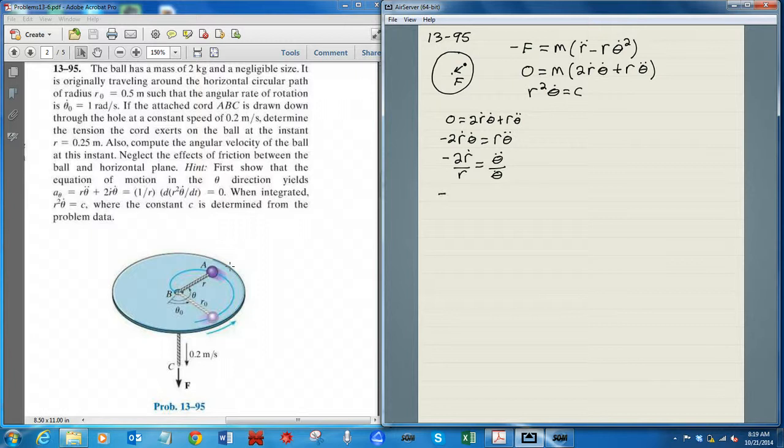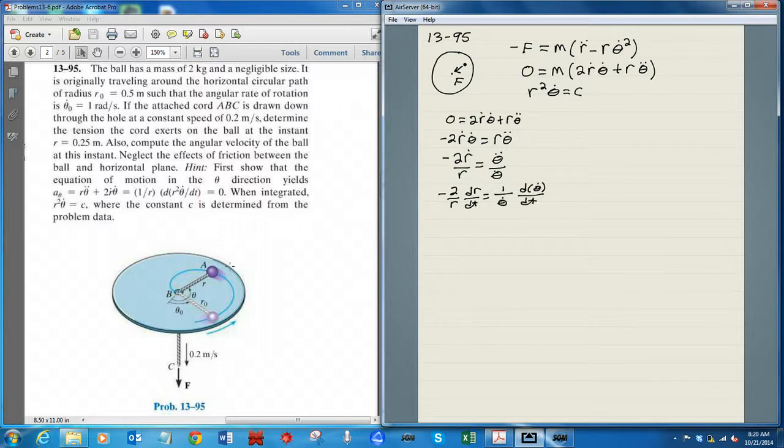So this would be a minus 2 over r dr/dt, and that will equal 1 over theta dot times d theta dot/dt.